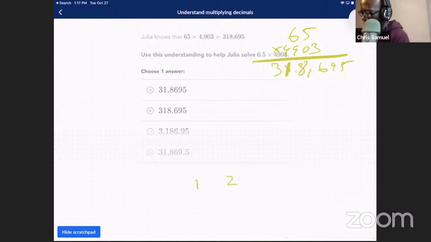So now we know. Remember before, my little calculation that one is large, this is small. And then we have here, to help us understand, 6.5 times 4,093. So we want to know 6.5 times 4,093.